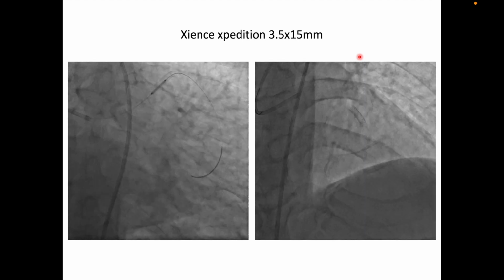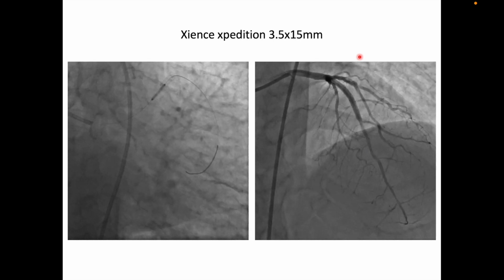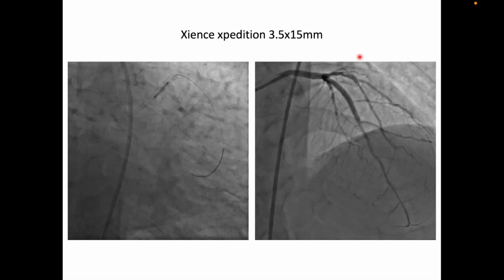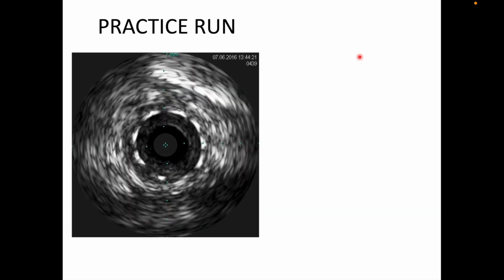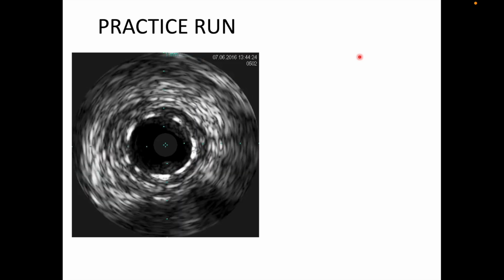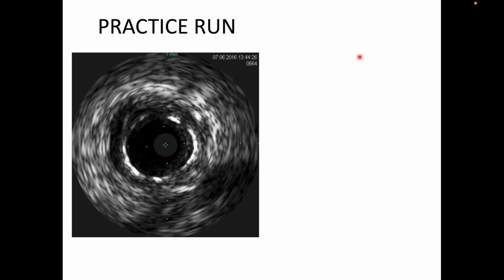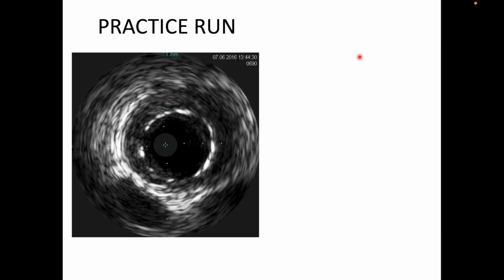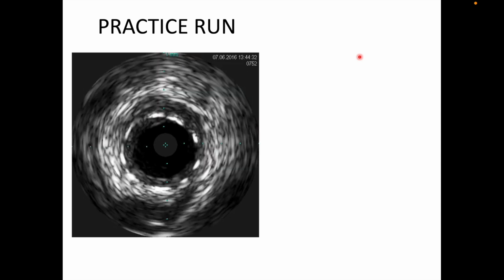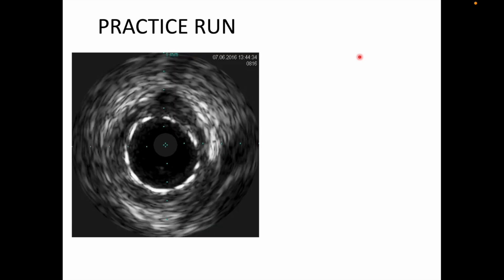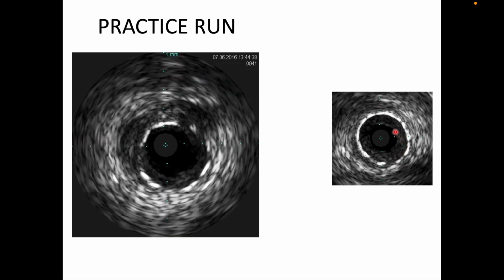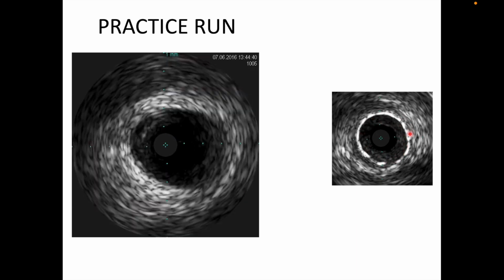So a Zions Expedition 3.5 by 15 millimeter stent was deployed exactly at the site of the fracture. Now this is just a practice run to see how much we can identify now. So once the IVUS run completes, what we can see here is there is instant restenosis or new intimal hyperplasia that's visible inside the stent.